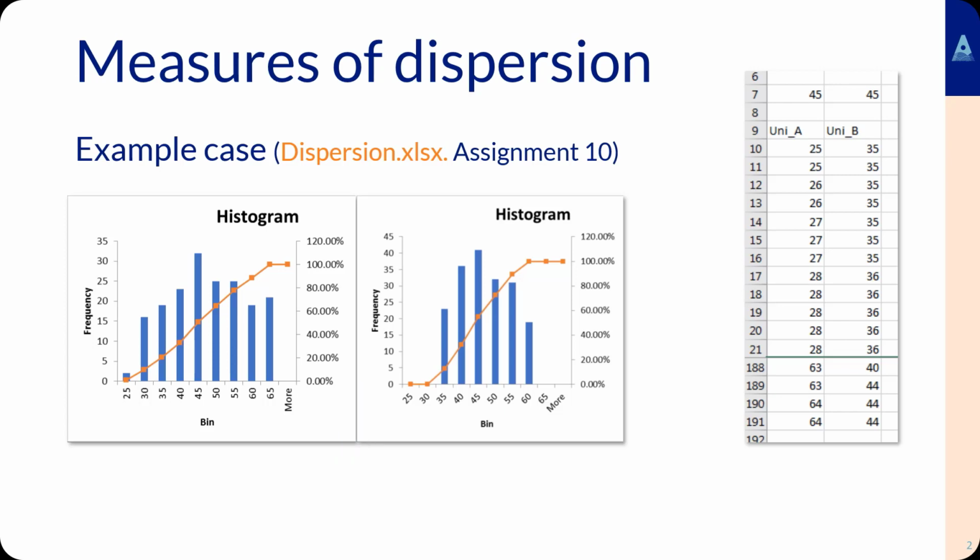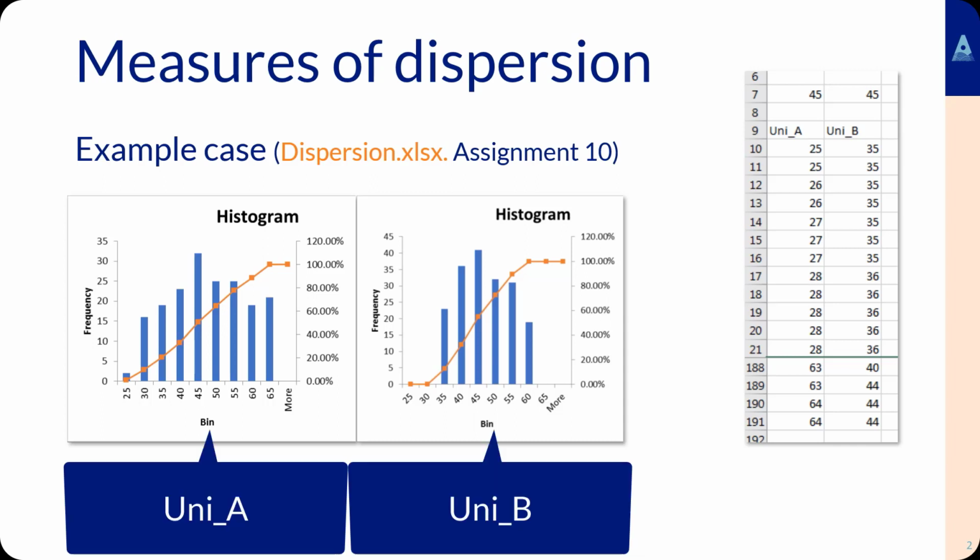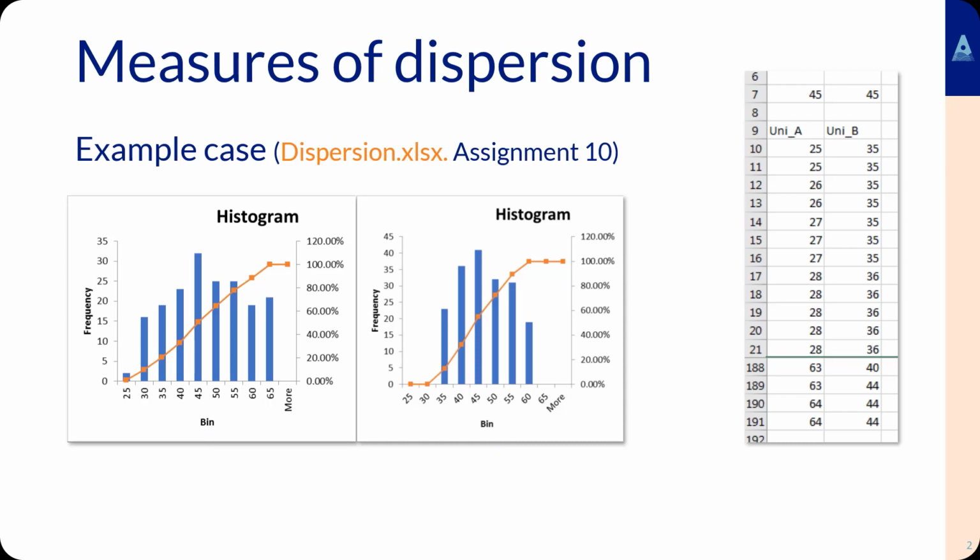Now, not only is the average the same, but if you look at the two charts, the left-hand chart is the histogram for Uni A and the right-hand chart is the histogram for Uni B. You can see that, using those bins, they also have the same mode. In the left-hand chart, the highest column, the most frequent, is the 45 to 50s, and in the right-hand one, Uni B, the highest column is also the 45 to 50s.